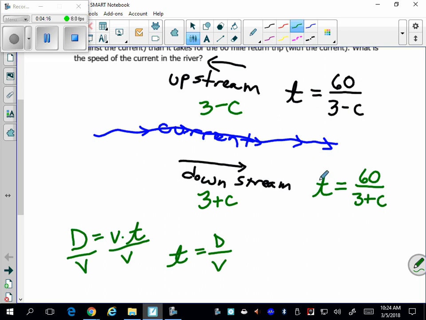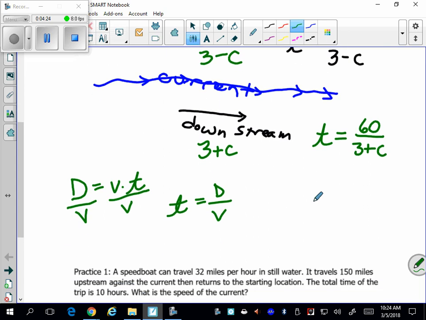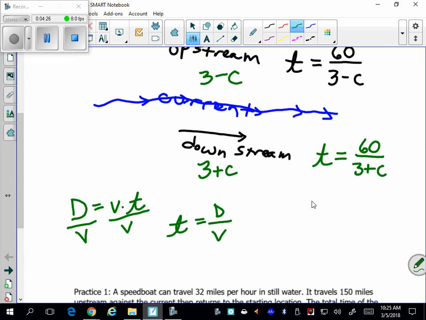So both of these we have time solved for. If both equations are equal to time, we can set them equal to each other. But we do have to be a little careful with this. We can't just set them equal, because if we do that, 60 over 3 minus c equals 60 over 3 plus c, since they both equal t. This would mean that the time is exactly the same for both directions.